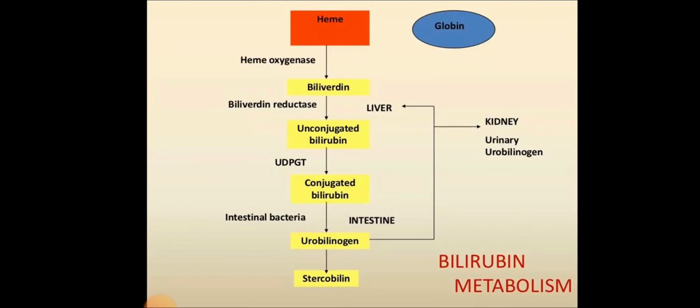So this is about bilirubin metabolism. If you have an idea about this bilirubin metabolism, it will be very easy for you to understand the disease jaundice as well as its Ayurvedic term. Okay, so this bilirubin metabolism is very, very important.